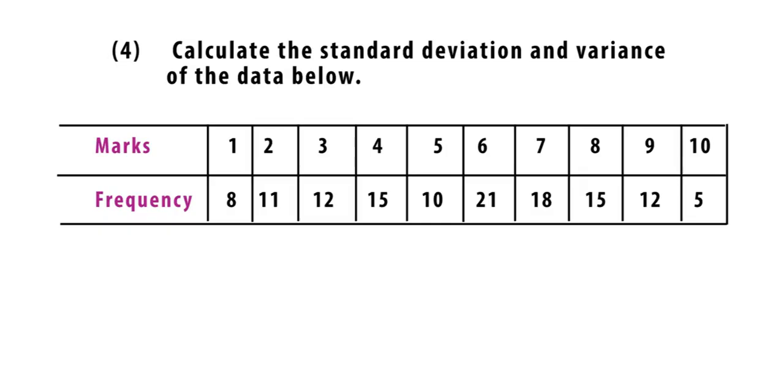We have x of 1, frequency of 6; 2, frequency of 11; 3, frequency of 12; 4, frequency of 15; 5, frequency of 10; 6, frequency of 21; 7, frequency of 18; 8, frequency of 15; 9, frequency of 12; 10, frequency of 10. Now the question is to calculate the standard deviation and the variance.